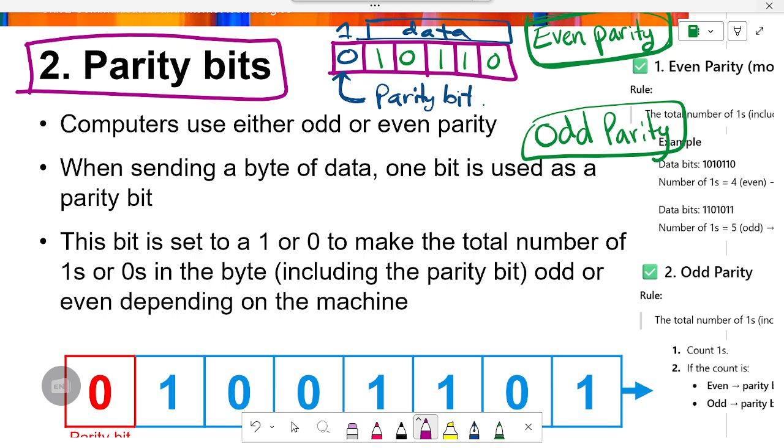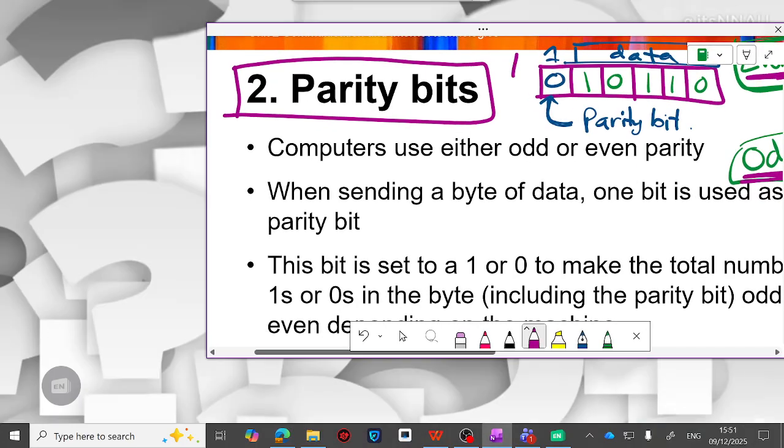For example, even numbers are like 2, 4, 8, etc. Odd numbers are 1, 3, 5, etc. And so when you look at this, you have to check, is this even parity or odd parity? Normally, it is even. Okay? Mostly it's even, but not always.